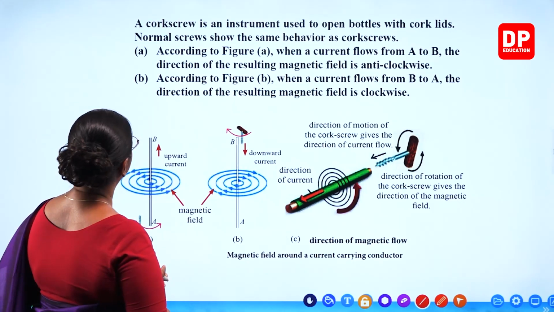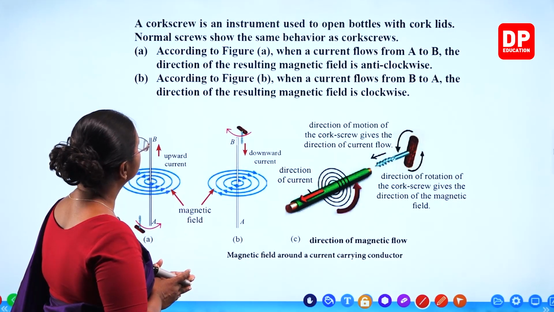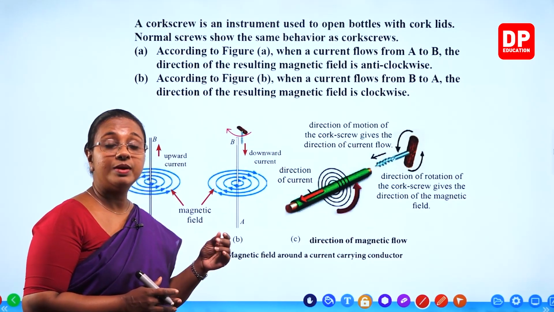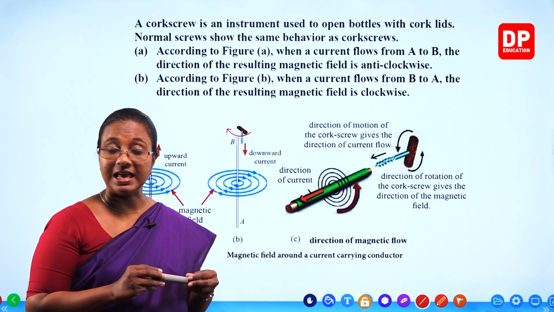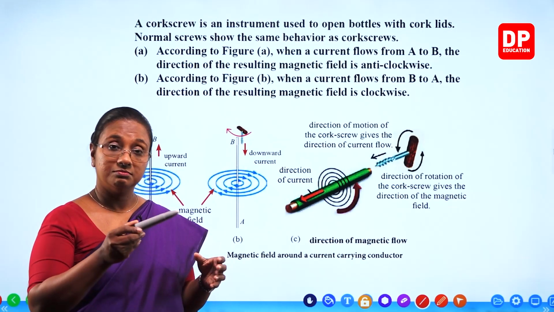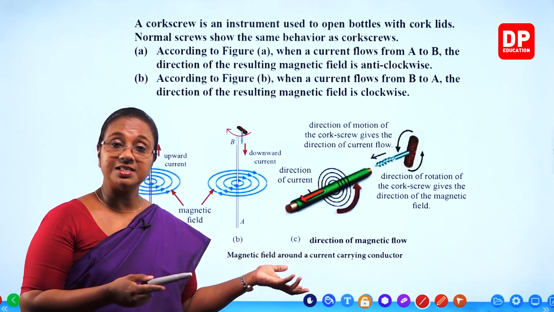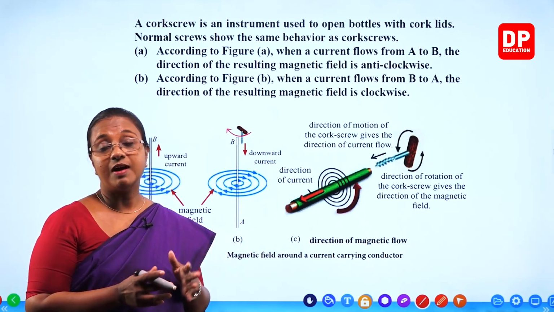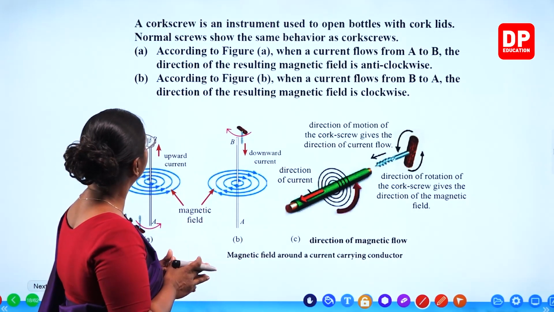That is something I told you all. Normal screws show the same behavior as corkscrews. So when we say normal screws, the screw nails that are used to fix things, where there is rotation, they function in the same manner as a corkscrew.